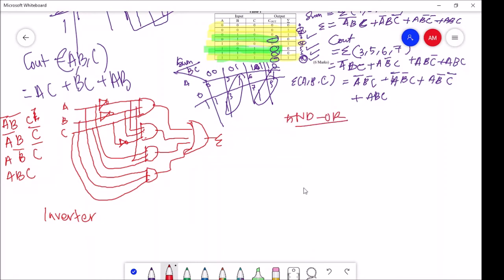Okay, next, for C out circuit, we are going to use AND and OR logic circuit. So the expression AC, BC, AB, all of them are using AND gate.